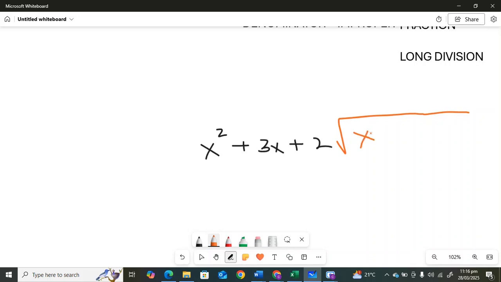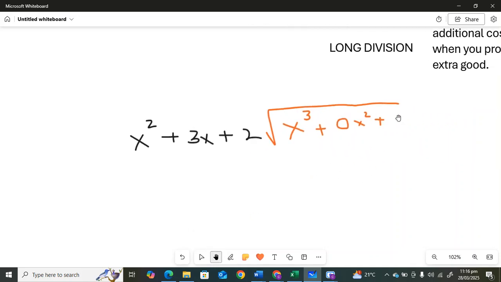So x cubed plus 0x squared, also the next one is x to the power 1, so now it's minus 2x, plus 0.